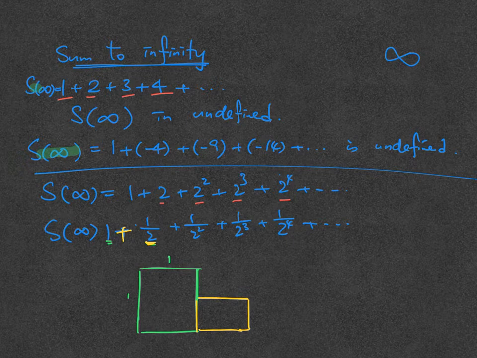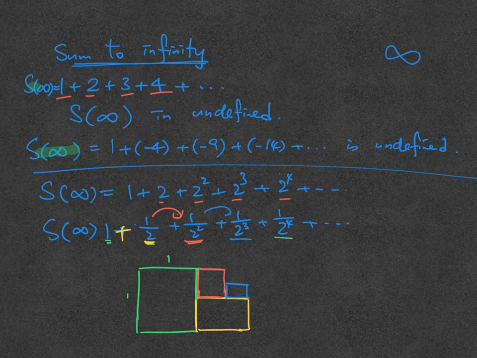Coming up next, red. 1 over 2 square means half of the previous one, right? That means I'm going to add another square in the figure. If the process continues, blue 1 over 2 cube is half of the previous one, a rectangle this time.